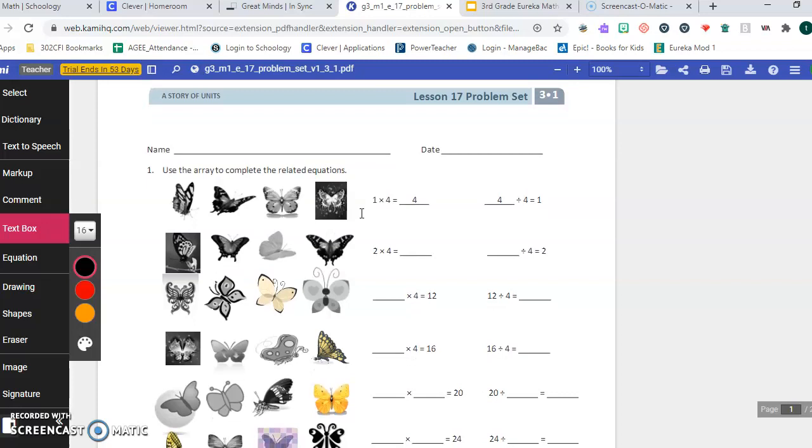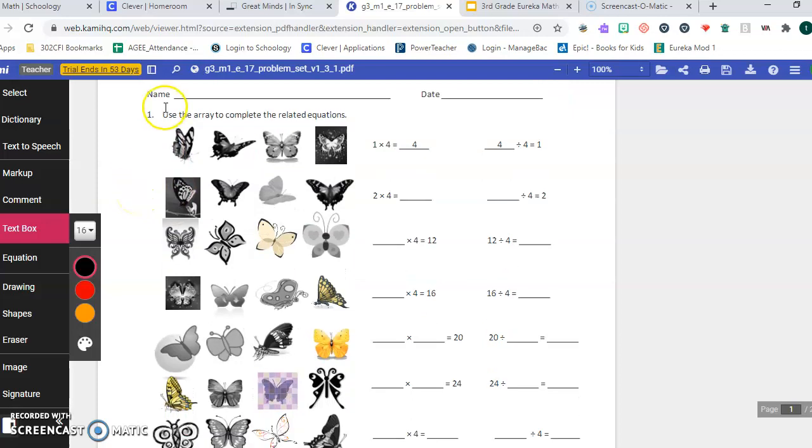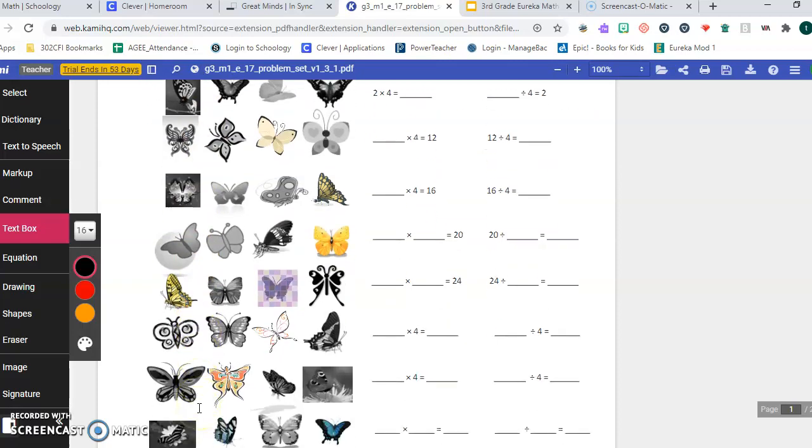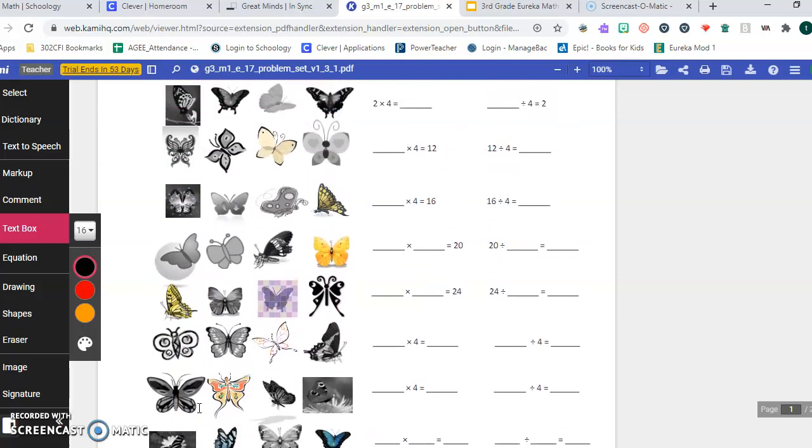So we've got the lesson 17 problem set, and we already talked about how the lesson for today is that multiplication and division are opposites of each other. The way they organize this is they use an array, and we're working on our fours facts for both multiplication and division, and they use the array to do a count by. We've talked about count by strategies all the way through this school year.